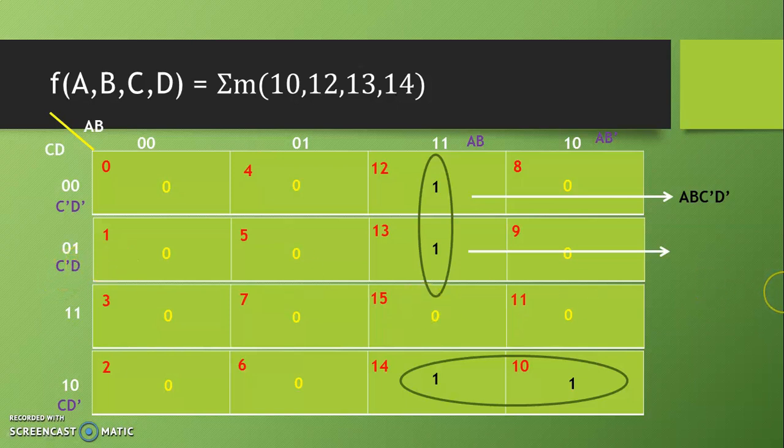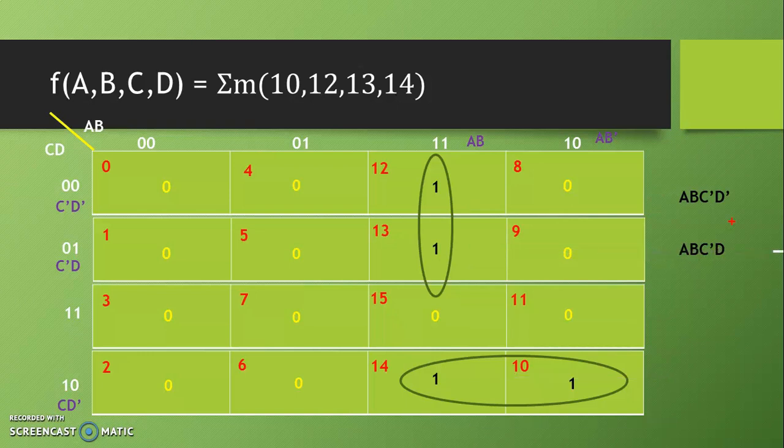So it is very simple now: we can write AB C bar D, and then we have to add both the product terms because it is sum of products. So we have prepared a pair and written product terms for each cell, and then we have to add them for simplification.